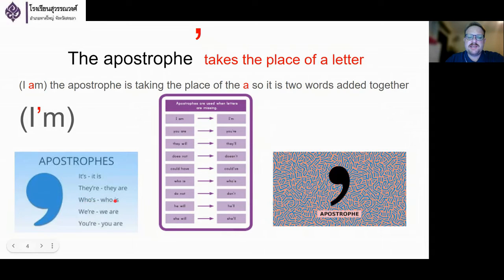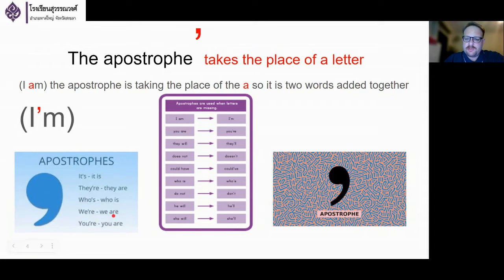It is missing the is because the apostrophe took the place of the I and was put together with who. Who's. W-H-O apostrophe S. We're. We are. We apostrophe R-E.